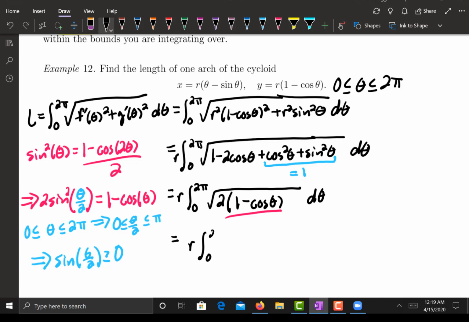So this now equals 2r times the integral from 0 to 2 pi of the square root of 2 times 2 times the sine squared of theta over 2 d theta.